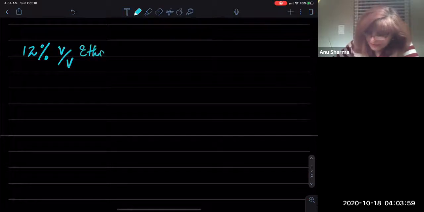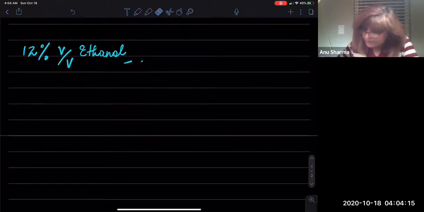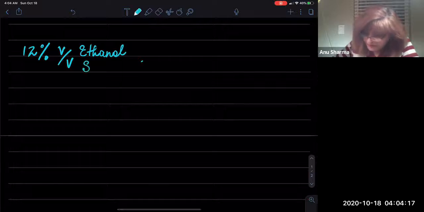Now ethanol is alcohol, alcohol dissolved in water or something. So that is the ethanol solution.